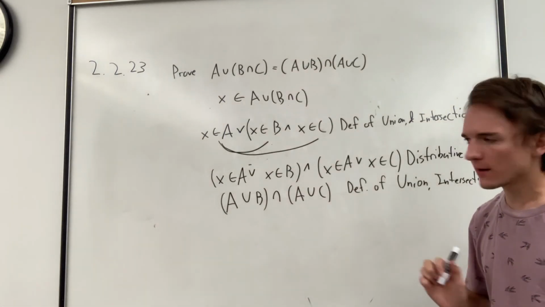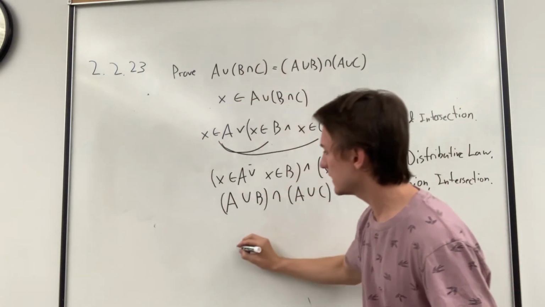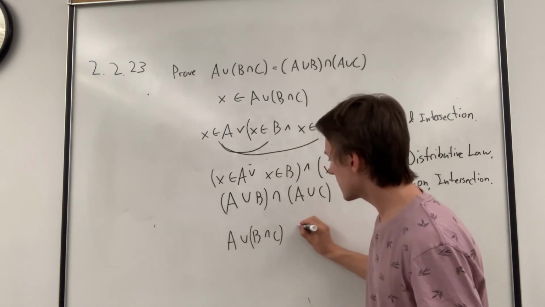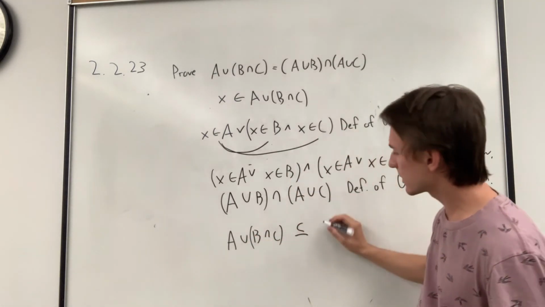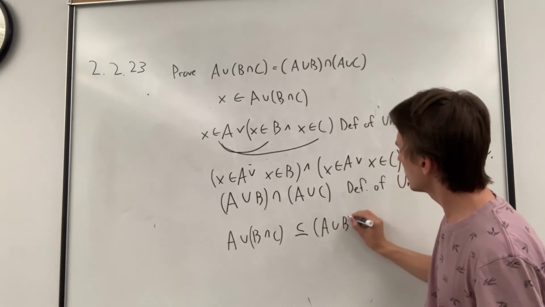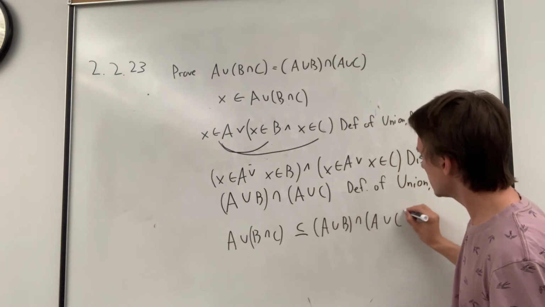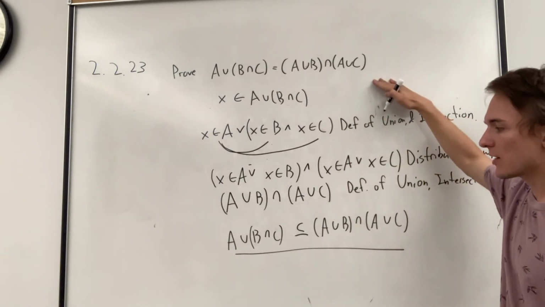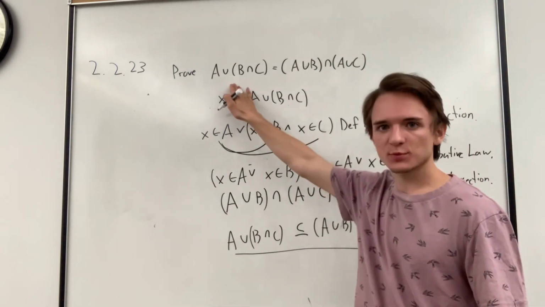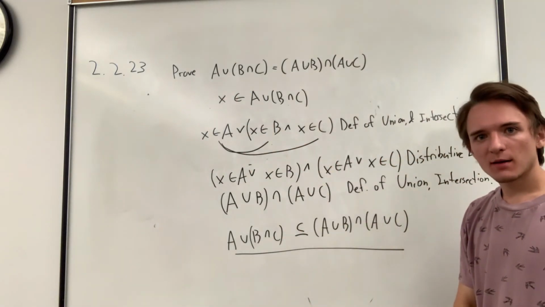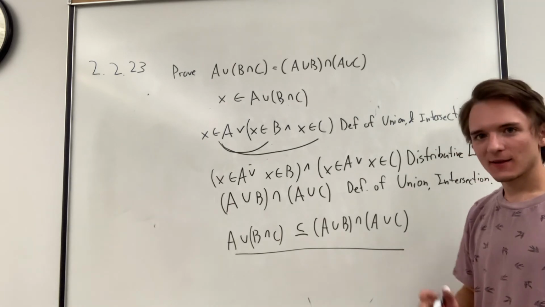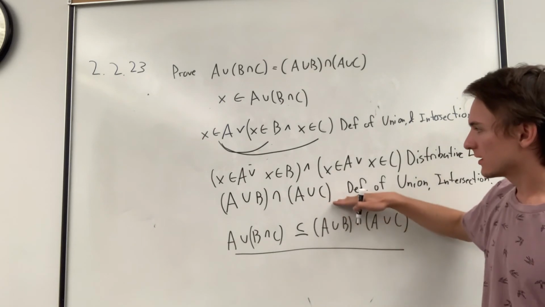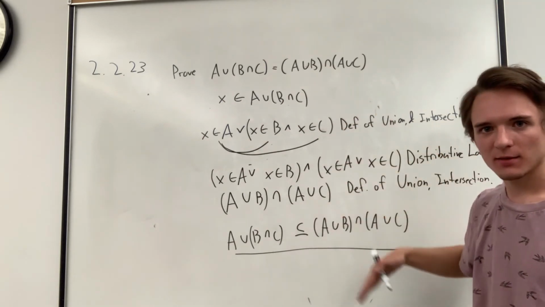So we're halfway done. We've shown that A union B intersection C is a subset of the right expression, A union B intersection A union C. We have to still show that this expression is also a subset of this expression here. But notice this, that proof, that sequence of steps is just the same thing as what we've written, but backwards.